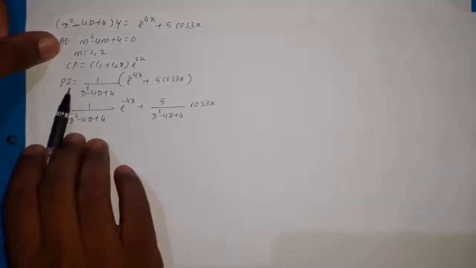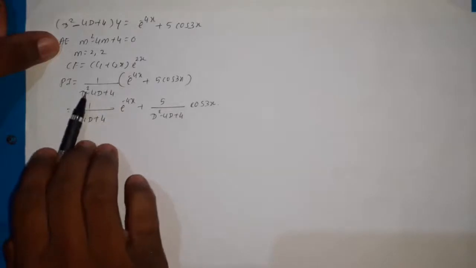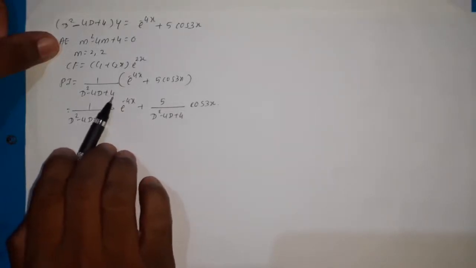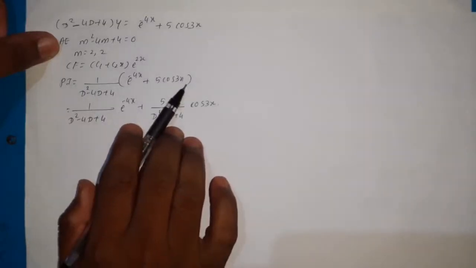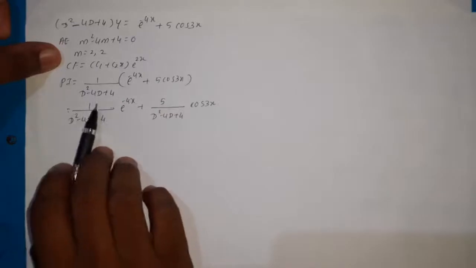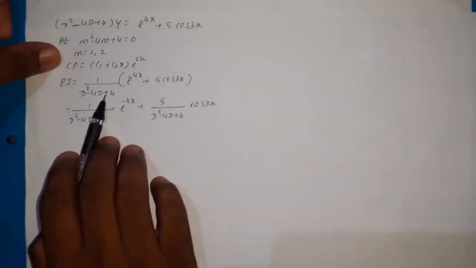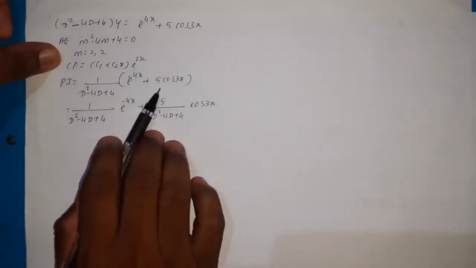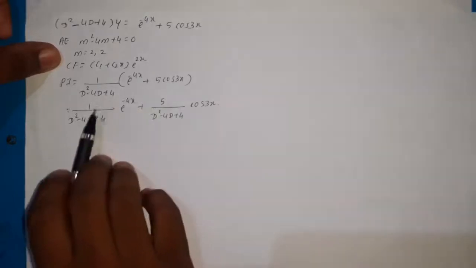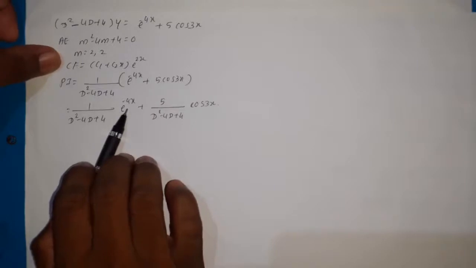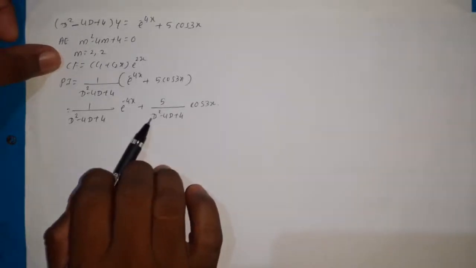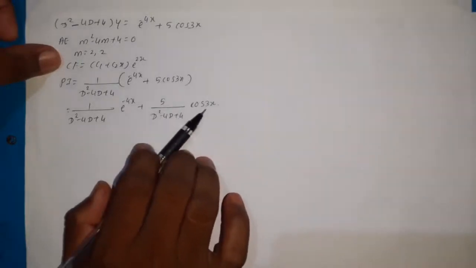And now the particular integral is 1 divided by f of D, that f of D is D square minus 4D plus 4, into e power minus 4x plus 5 cos 3x, and it is equal to, now splitting the denominator to each and every function which is in the numerator. So now 1 divided by D square minus 4D plus 4 into e power minus 4x plus 5 divided by D square minus 4D plus 4 into cos 3x.